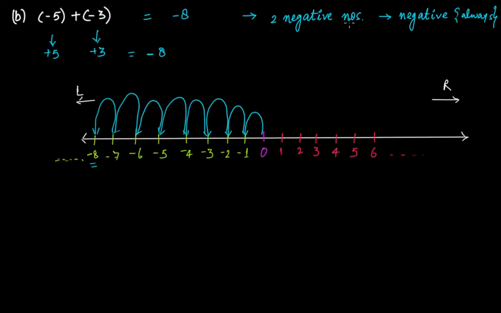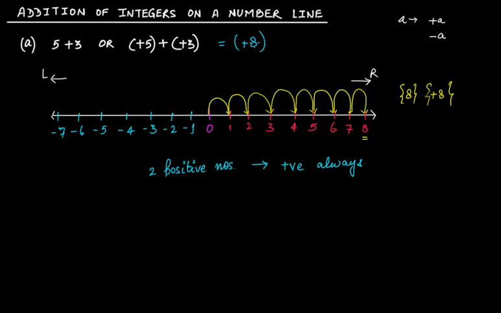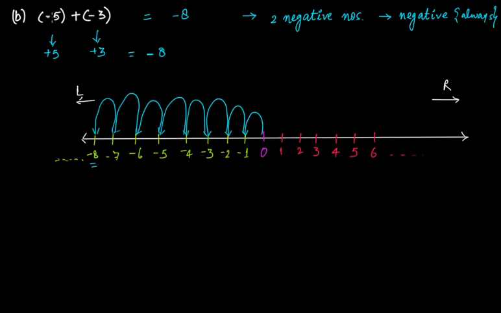Because we wrote here, if you are adding 2 negative numbers, your answer will always be negative. So if it is -5 and -3, simply add 5 plus 3, the answer will be 8, and since it is the addition of 2 negative numbers, therefore put a minus sign here. Here it was +5 and +3, therefore you got 8, but here you have -5 and -3, so add 5 and 3, you'll get 8 and put a minus sign because you have 2 negative numbers here.